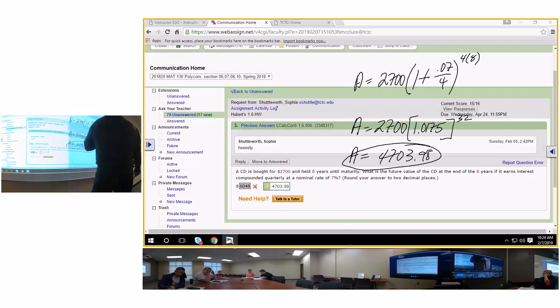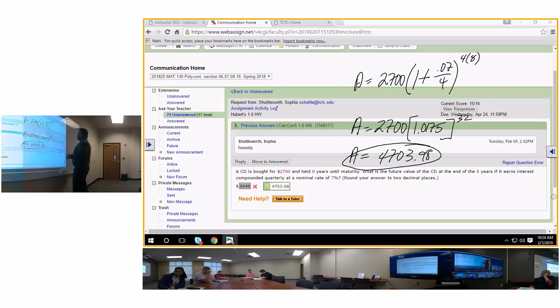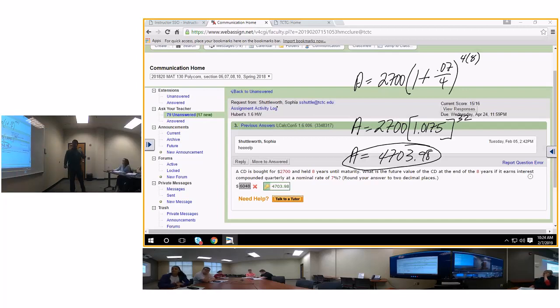Now, 2 things. Always carry this out to 10 digits. If your calculator carries it to 10 digits, you leave it that way and you raise it to the 32nd power. When you are in business, you always carry the decimal values out. At the World Bank, they carry decimals out to the 16th digit. The World Bank in New York, okay?